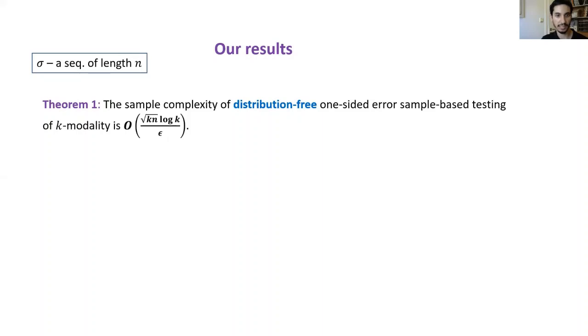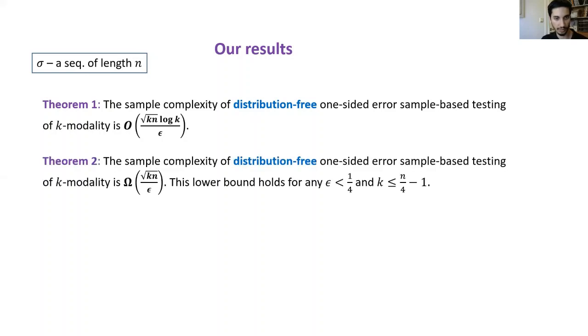Our first result is that the sample complexity of distribution-free one-sided error sample-based testing of k-modality is log k over epsilon times square root of kn. Our second result is that the previous upper bound is almost tight. We show a lower bound of 1 over epsilon times square root of kn.